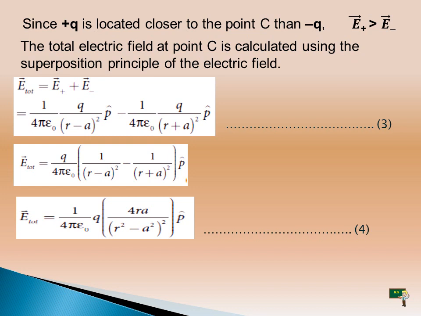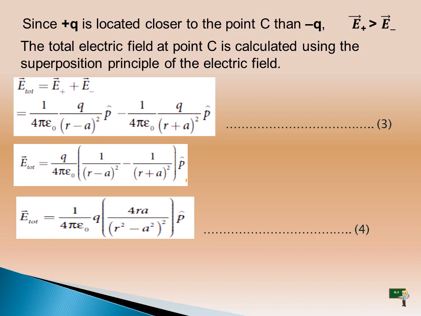If you sum the whole term, then you will get 4 into RA. I think you all know about that. I will explain this in your classes.